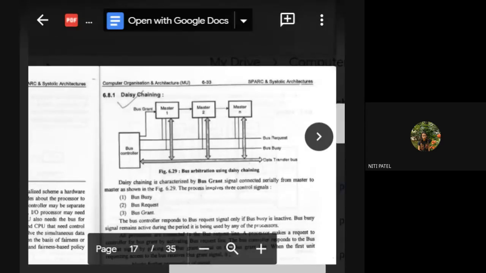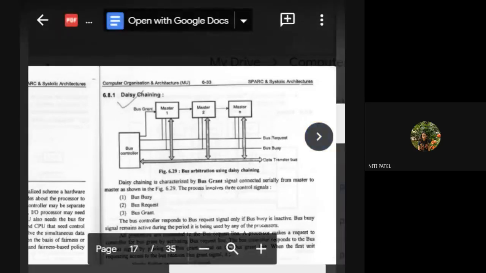Now, what is the function of the data transfer bus? Whatever data is transmitted from one computer to another, or from one computer to the bus controller, goes via the data transfer bus. So if I want to transmit A = 2 from machine 1 to machine 2, machine 1 will put the data A = 2 on the data transfer line, and from there it gets copied into machine 2, which is master 2.